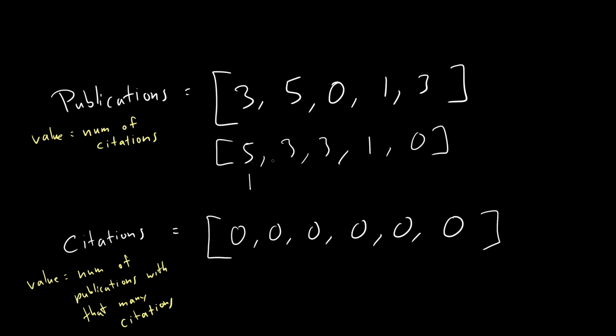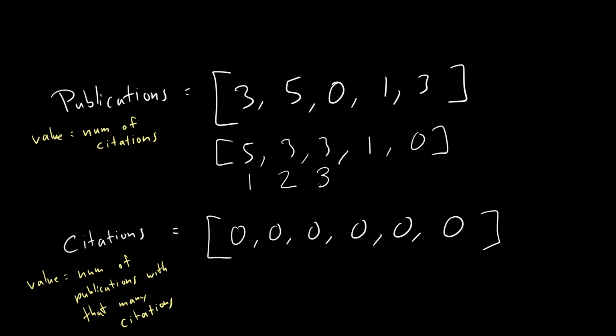For example, we can go to the second index. Do we have 2 that have 2 or more? Essentially you just have to look at this one. Is this one bigger than your current number? If it is, then you know that all previous numbers, these guys, will also be bigger than 2, so they have more than 2 citations.